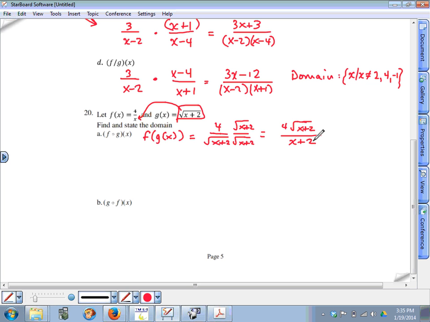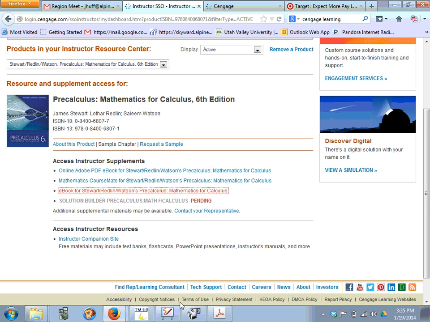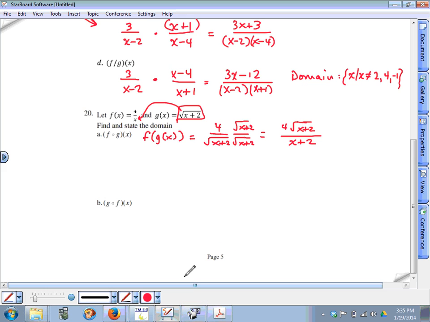So when we consider now this domain, there's two things we have to consider here. First of all, this is written in the form of a fraction, so we have an excluded value here. X can't be negative 2.